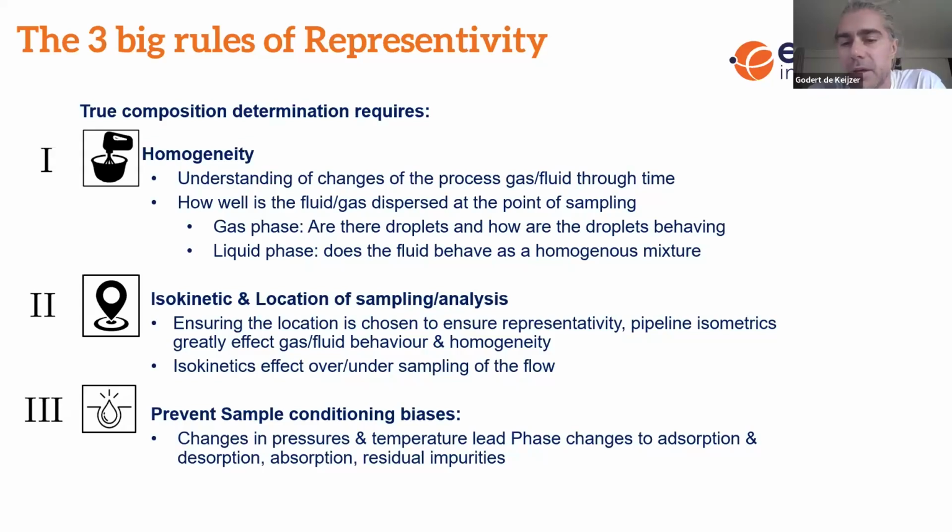And particularly, and that's the next phase, when you start to condition it to bring it down to the pressure and temperatures that these analyzers can actually measure, which basically leads to phase changes and then effects like adsorption, desorption, absorption, which can basically change the actual composition of the gas or fluid and therefore give you a distorted view of what's actually happening in the real process. Okay, so let's move to the next slide.